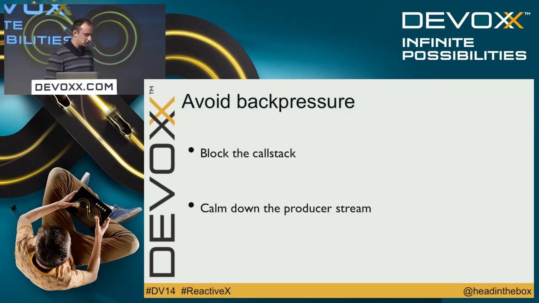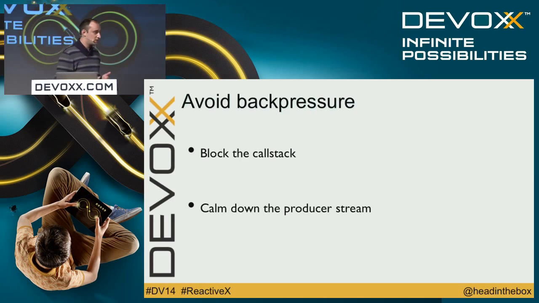Now, how do we avoid this? How do we avoid backpressure? Well, one thing is that we can, for example, block on the call stack. And this is maybe a little bit abstract, but most of the time, a lot of the operations that you have are asynchronous, but nevertheless, they happen on a single scheduler or a single thread.